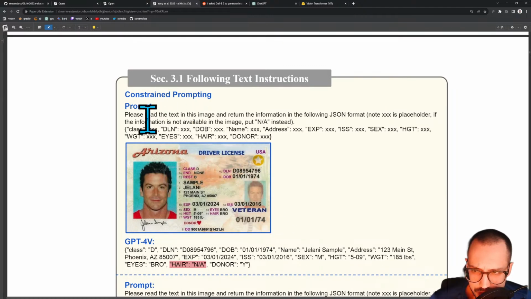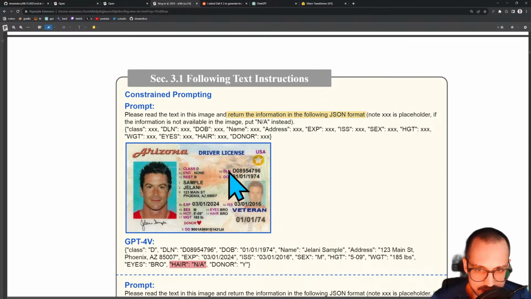Okay, so here we have constrained prompting. Read the text and return the information in the following JSON format. This is so huge. People don't realize how much of a game changer this is. Just from my time in the computer vision world, this was a whole startup. Five years ago, if you made the software to do this kind of stuff, you had a whole company built around that, with your own OCR models, selling this to different people.